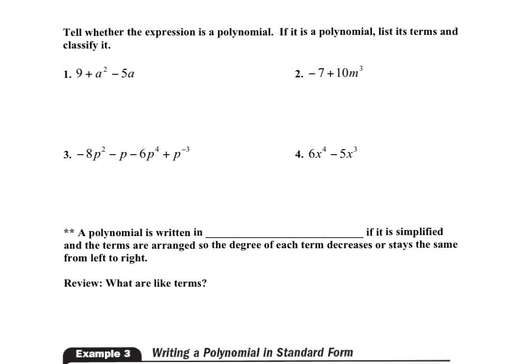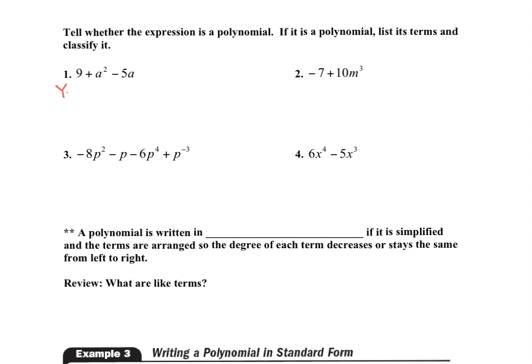All right, let's try a few more on the next page. Again, we're telling whether the expression is a polynomial, and if it is a polynomial, we are listing its terms and classifying it. So number 1 is 9 plus a squared minus 5a. Well, all of these exponents, the ones that are there, are whole numbers. They're positive, so this is a polynomial.